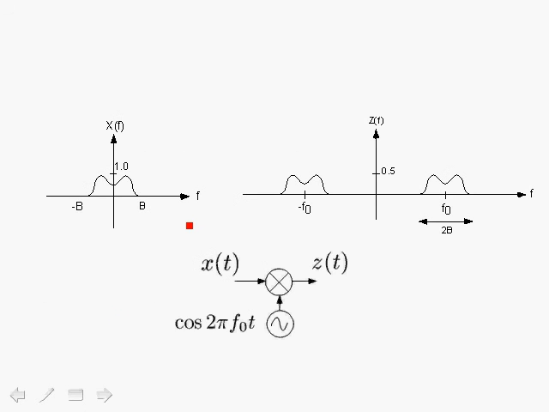Here's an illustration of the modulation. X(f) is shown here in baseband, and has a bandwidth of B hertz. We modulate it with an oscillator designated by cos(2πf0t), and we get the output signal, the modulated signal z(t).